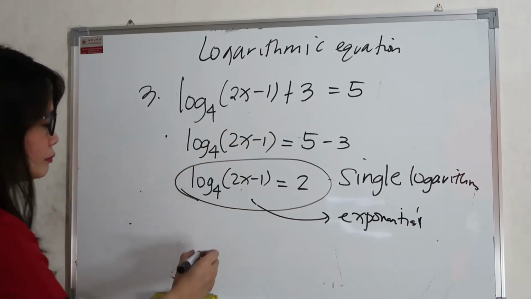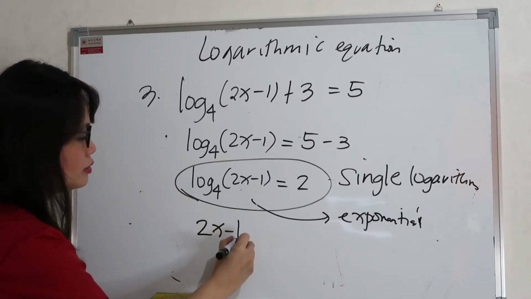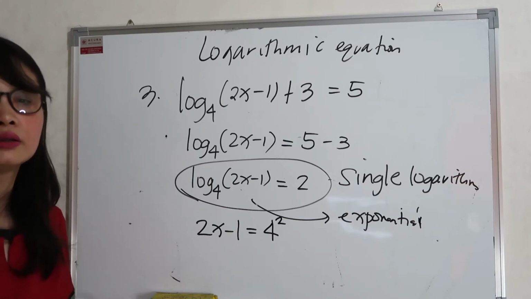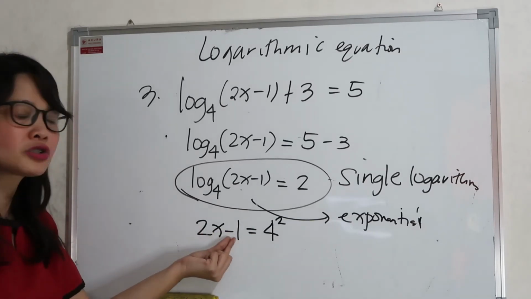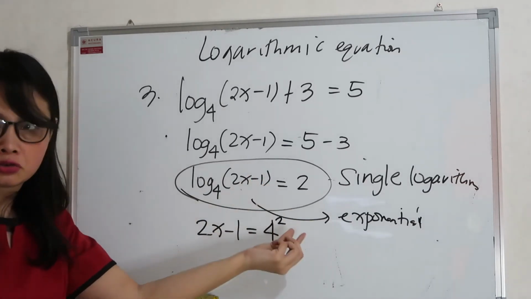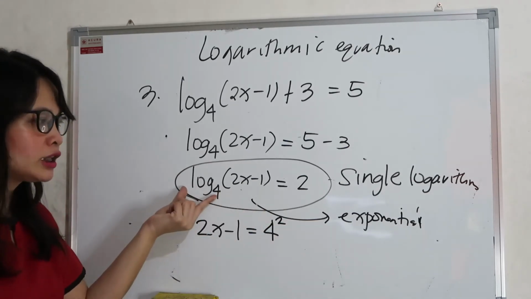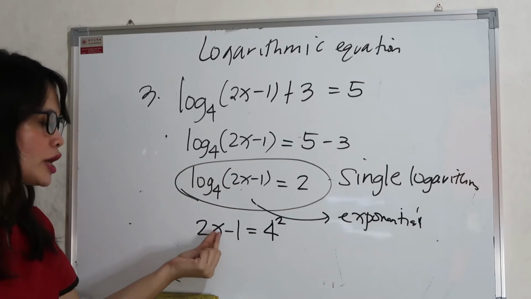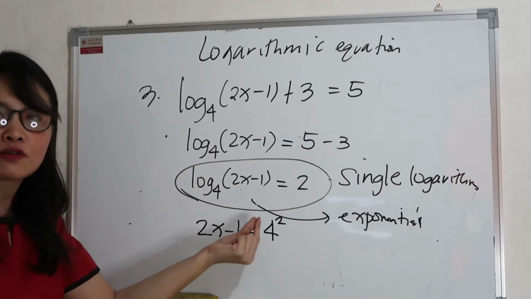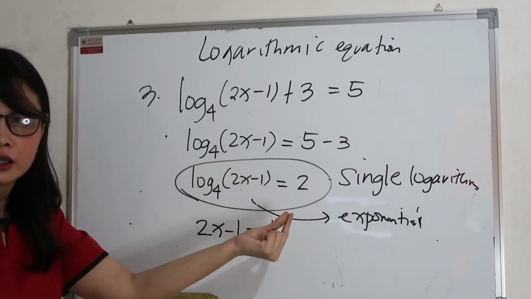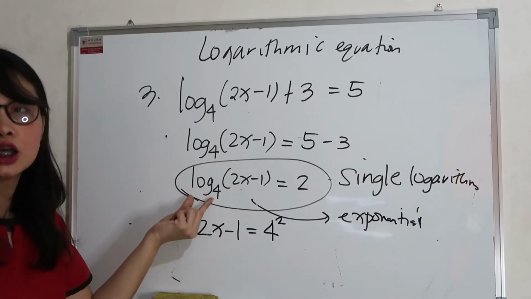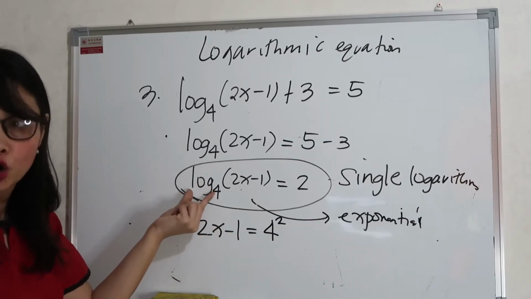This will become 2x minus 1 is equal to 4 raised to 2. Okay? If you do have a single logarithm, convert it to an exponential expression. You will only do this particular procedure if you do have a single logarithm or single natural log.